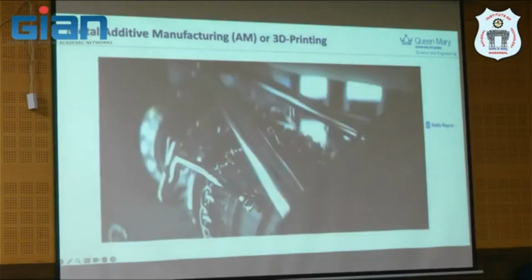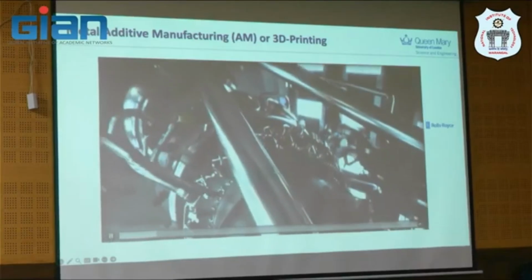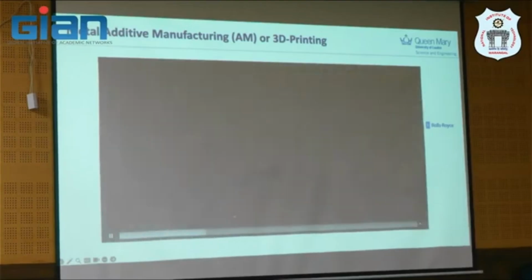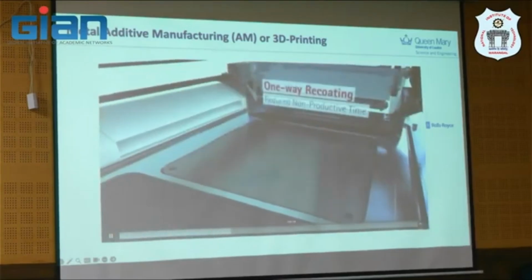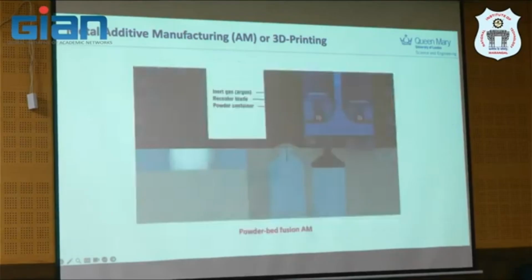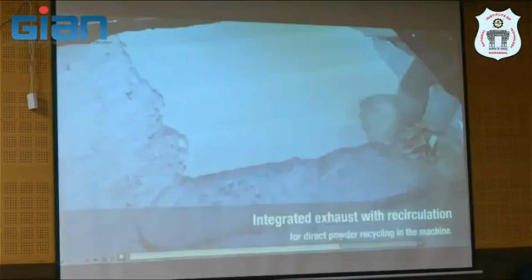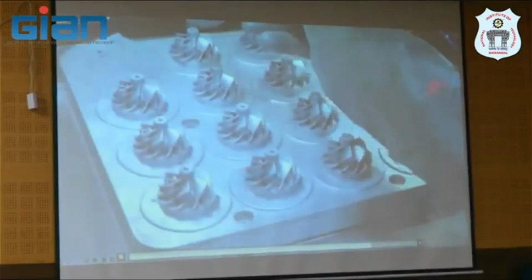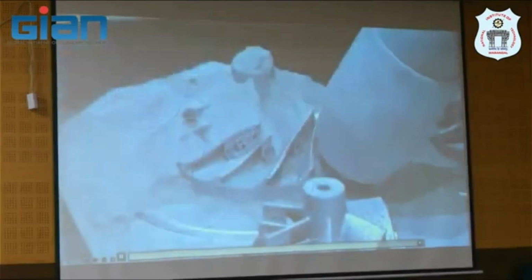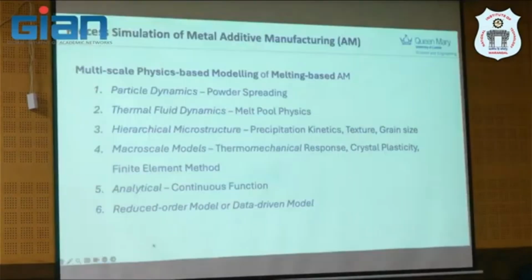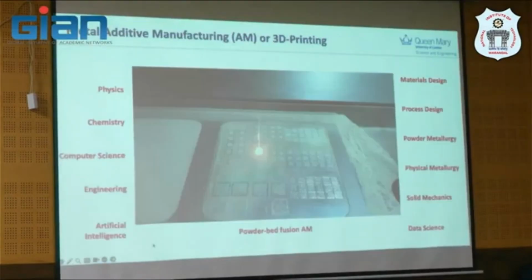So just rerun a little bit again. So we just want to print this kind of engine. If you remember this video, I just want to emphasize here that there's a lot going on when just the laser interacts with the material here.